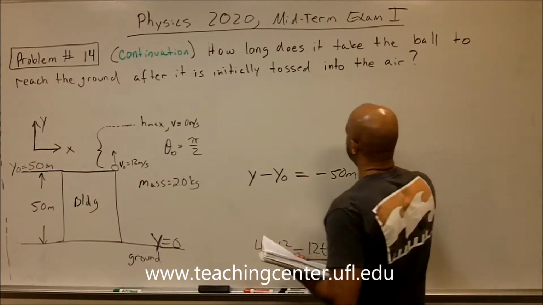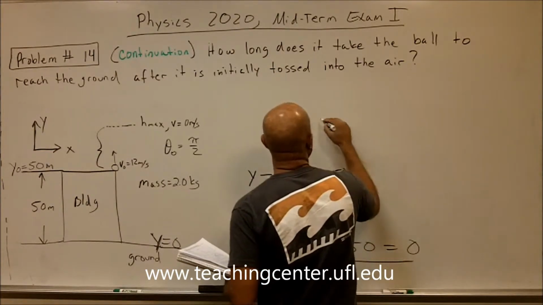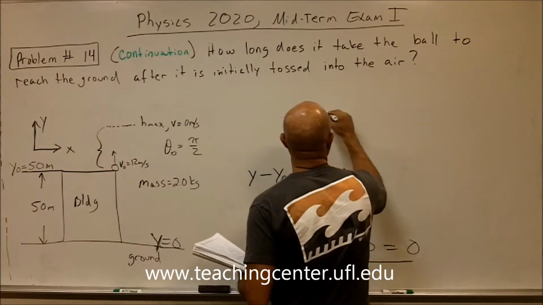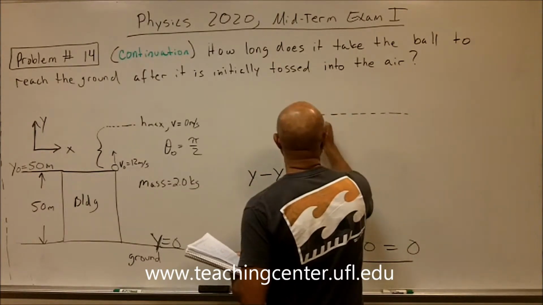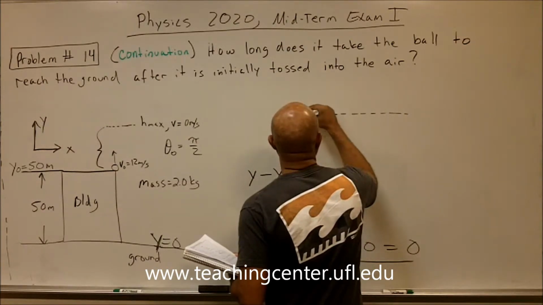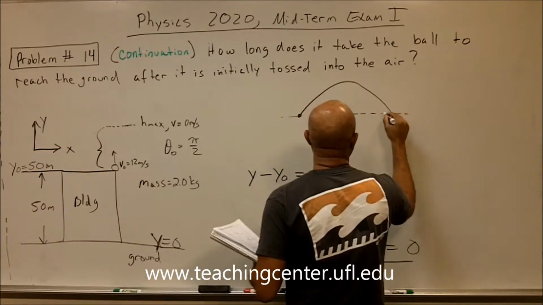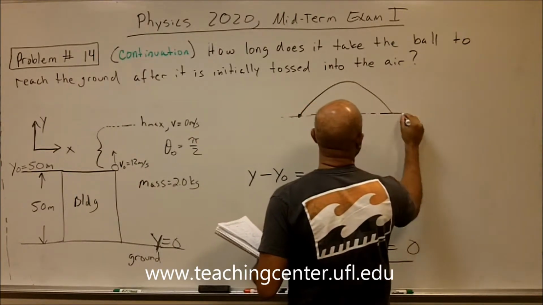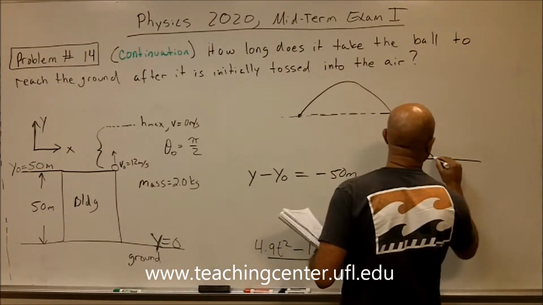But if you think about it, here's the object, and the object is going to basically be projected up into the air, and then it's going to come down and reach the same initial level and then keep going down to basically hit the ground.